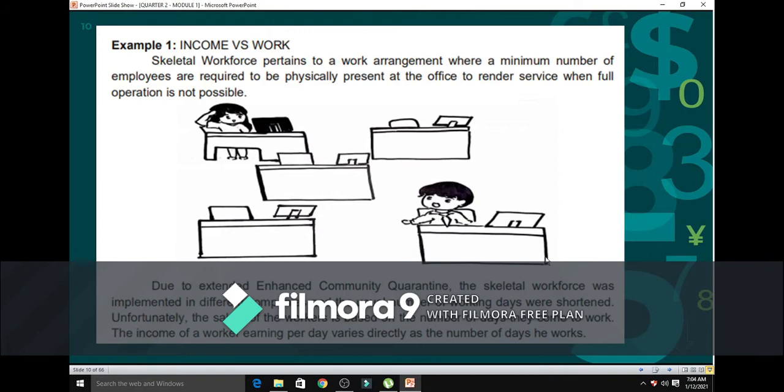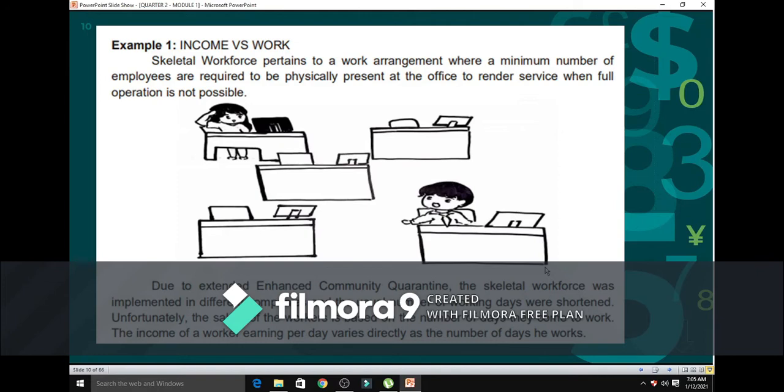So, naganap itong skeletal workforce nung lumabas si COVID-19. So, ano ba yung skeletal workforce? Work arrangement siya na minimum number of employees lang ang pwedeng pumasok sa office kasi i-consider natin yung social distancing.